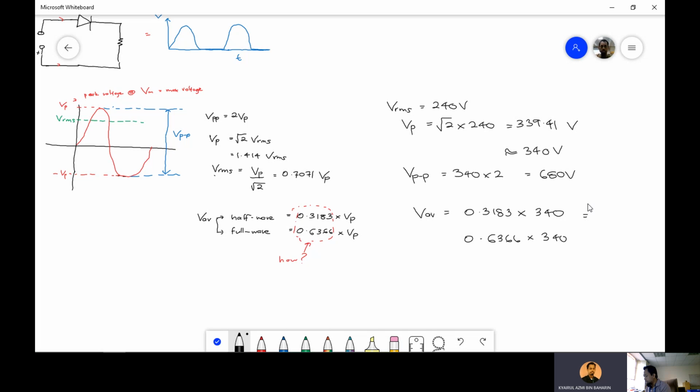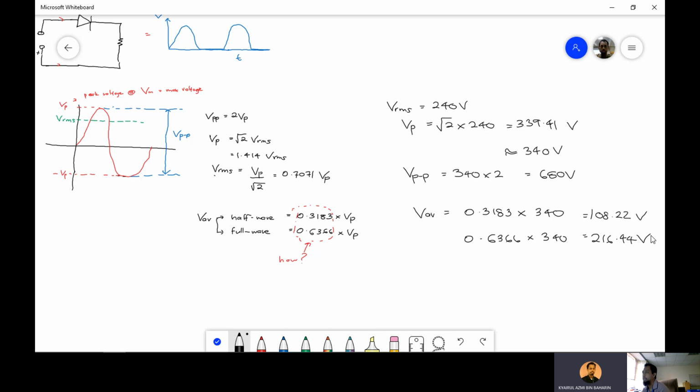So we have the answers as 108.22 and 216.44 volts respectively.